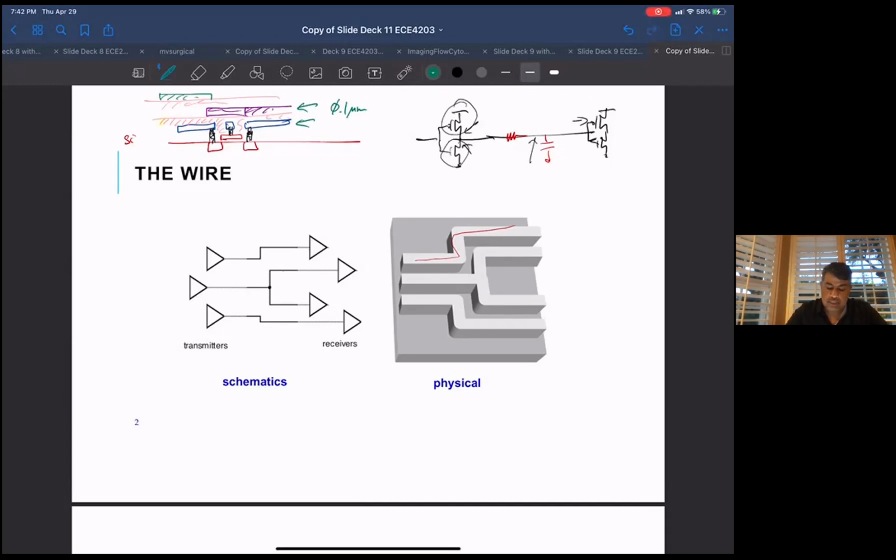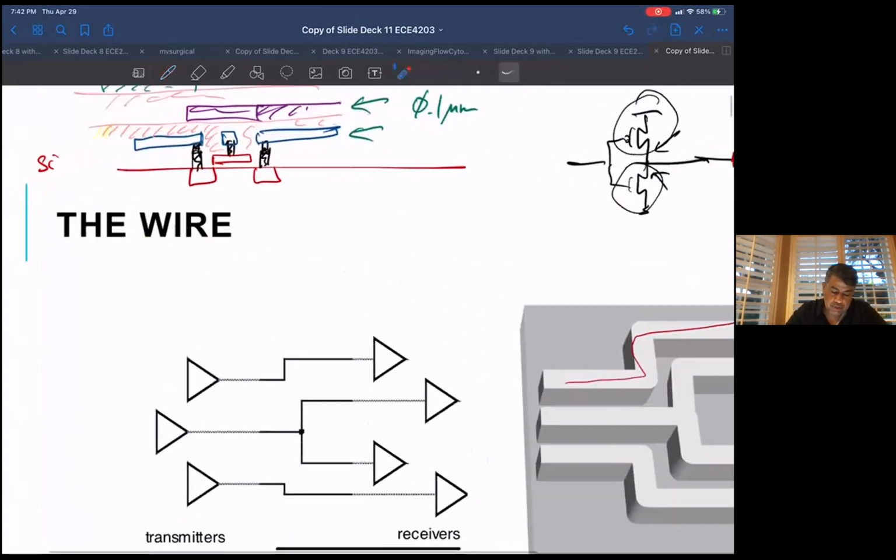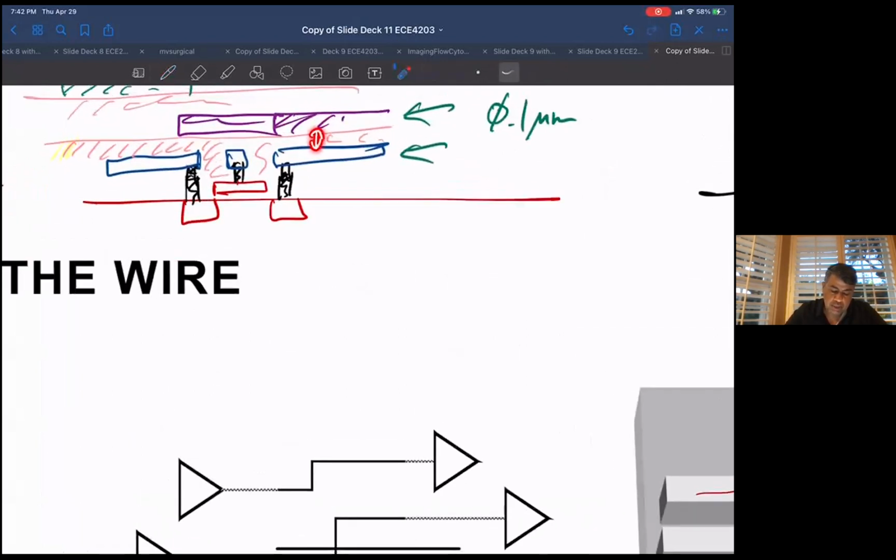The second thing is that the dielectrics in between the metal layers, and between the metal layer and the substrate, which is grounded or at the supply, are also extremely thin. These inter-metal dielectrics might also be 0.1 micron, and this might be a micron thick.